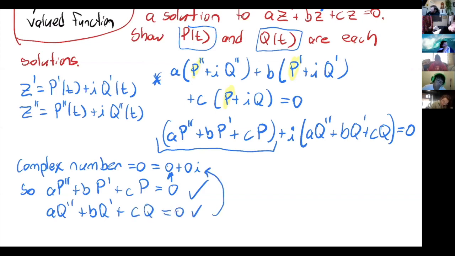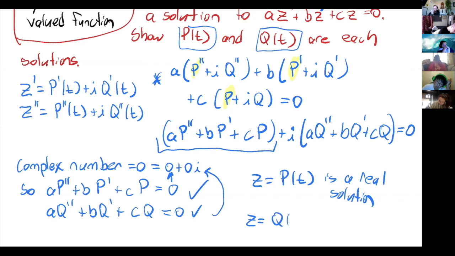And that comes from checking that the imaginary term also needs to be 0. So even ignoring the i over here, what we can see is that individually, our equation is satisfied with z equals p of t, a real solution. And z equals q of t is also a real solution.